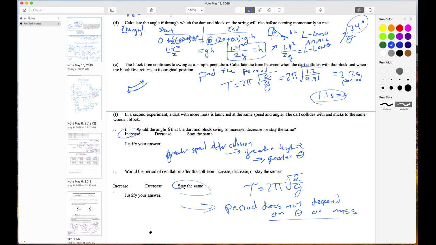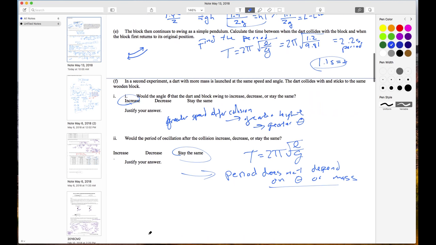However, the problem is that technically we have an issue with this, because the full equation here is much extended. We've simplified this equation based on something called the small angle approximation.